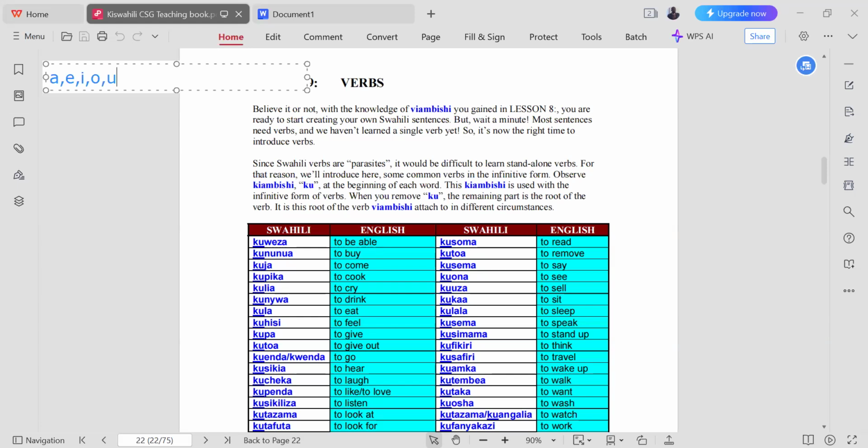So just as a recap, we all know we have the A, E, I, O, and U. Those are the Swahili vowels. I know there have been differences. Some people, as I've said, English speakers will pronounce A in Swahili as ay, but the real pronunciation in Swahili is ah.